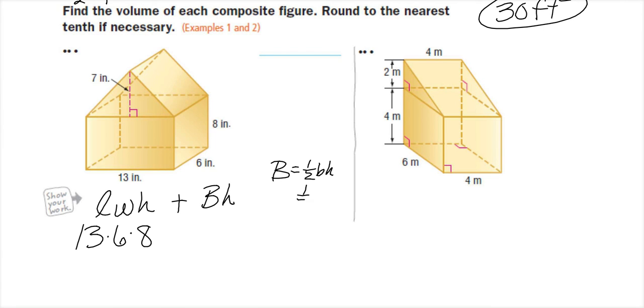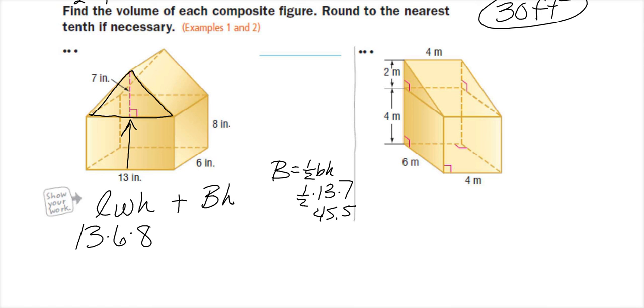Here's my triangle. I need the length of the base. Let's see how am I going to figure this out. Oh, it's 13 right there. Okay, so 13 times the height, which is 7. Oh, that's not easy numbers. Let's try that. So 0.5 times 13 times 7, which is 45.5.